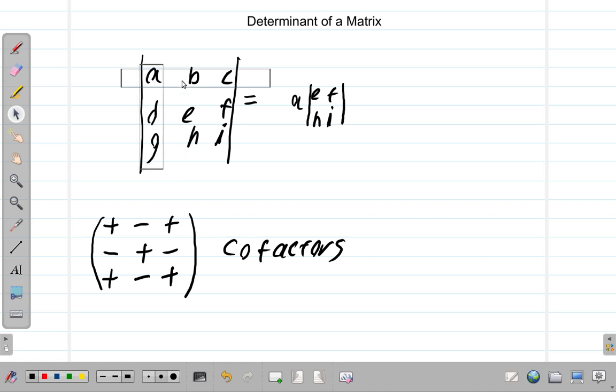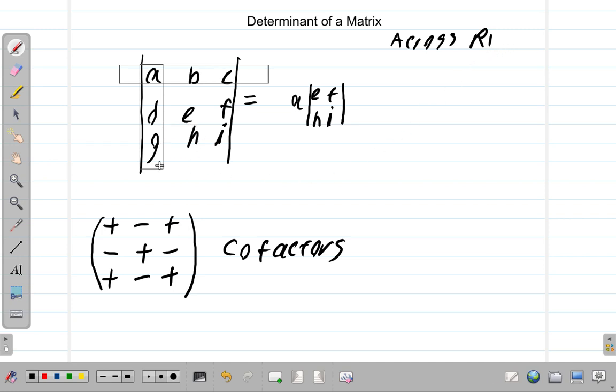We had the choice of going down and covering up d, but what we're going to do is cover up the elements across the top in row 1. I call it R1.